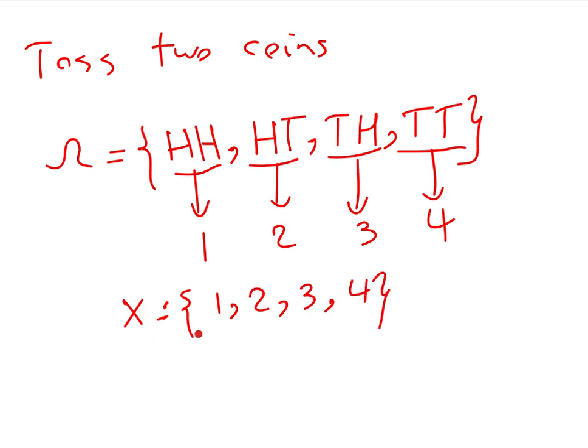This x is a random variable. So again, I repeat that a random variable is a function from sample space to the real value line, or in other words, to have a random variable, we should assign a real value to every outcome of our random experiment.